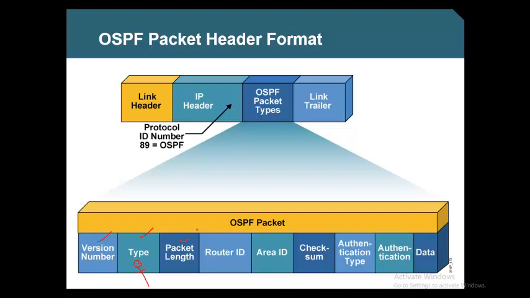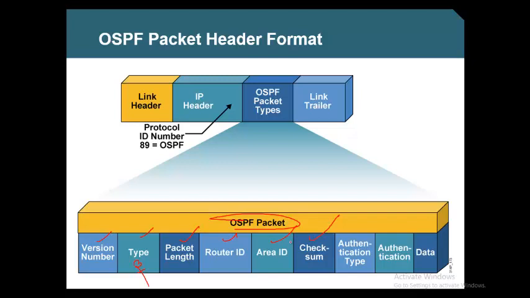Packet length shows the size of this OSPF packet. Router ID. Each router will pick a 32-bit address from the router's interface as an ID. That will be shown here. More about router ID we'll discuss in a few minutes. Area ID, the area to which the router, the interface, belongs. Checksum value for integrity.